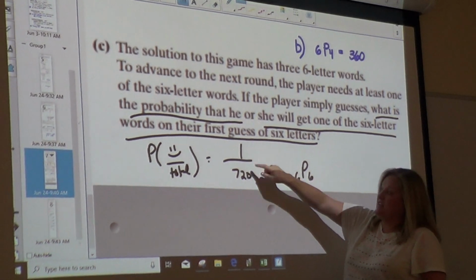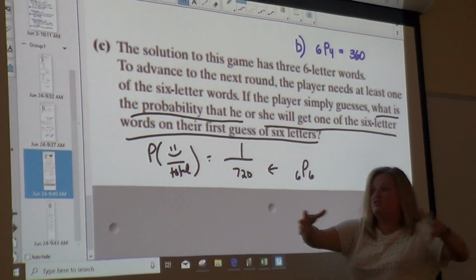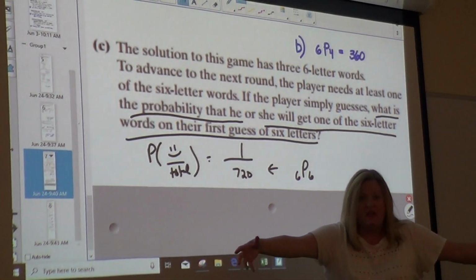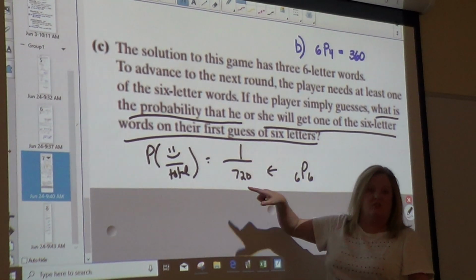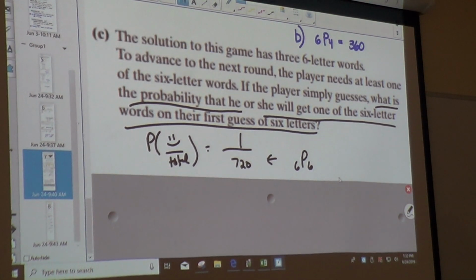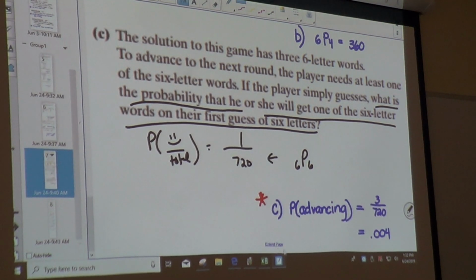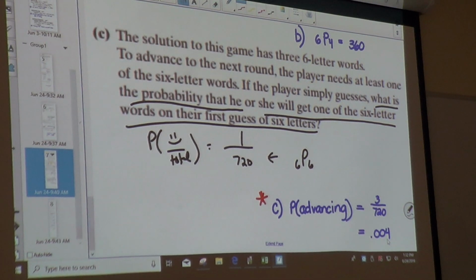And the probability that she does that is 1 out of 720. So there's 720 ways that she can get it right, and she's going to get 1 of those 720 choices. Which is probably not going to happen because that's a 0.4 if she just guesses.